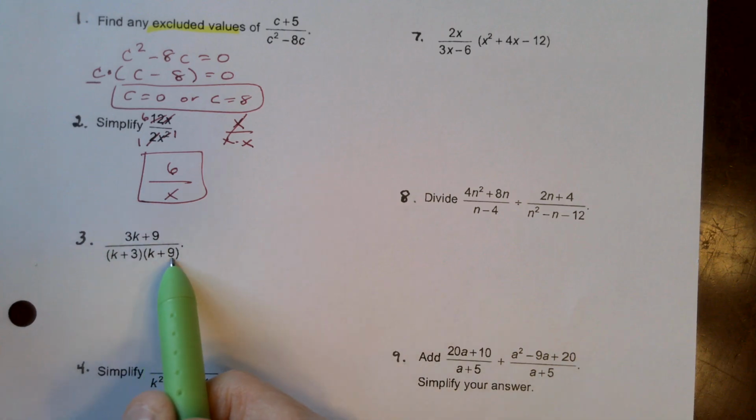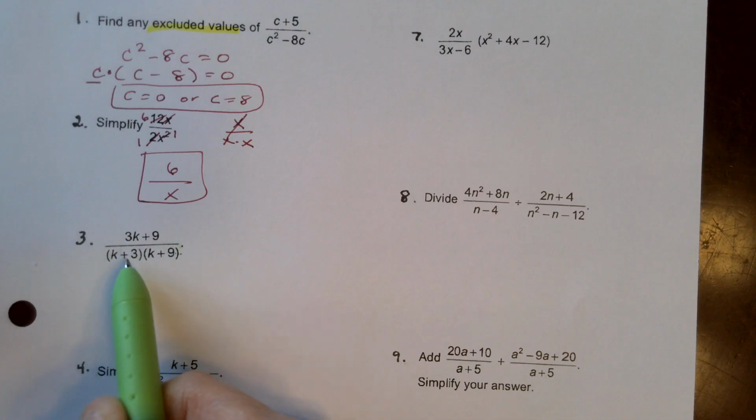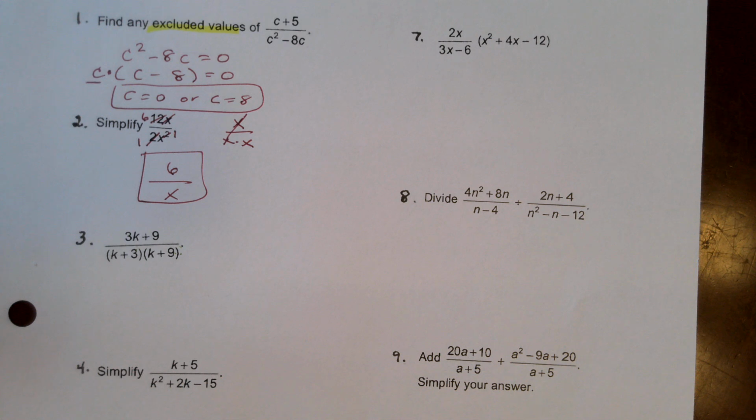This k plus 9, they're like married forever unless you get rid of them together. Same with these, they're together. You either cross them off with another k plus 3 or you don't cross them off at all. You either cross this off with a k plus 9 or you don't cross it off at all. And I see you're saying, oh, but there is a k plus 9. No, this term isn't k. This term is 3k. That is the term.